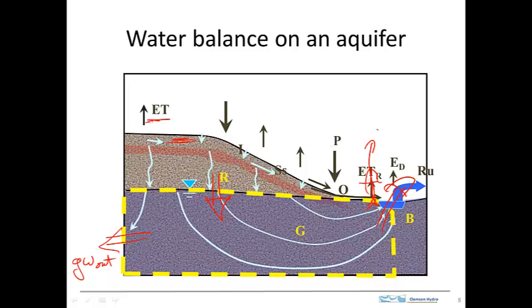If we, at least at this point, ignore any changes in storage, then that last term in the water balance is 0. And we can write the balance as the flow rate in, which would be the only thing coming in here, the recharge. So we would have recharge coming in, and then the things that are going out would be the groundwater going out, and the base flow going out.